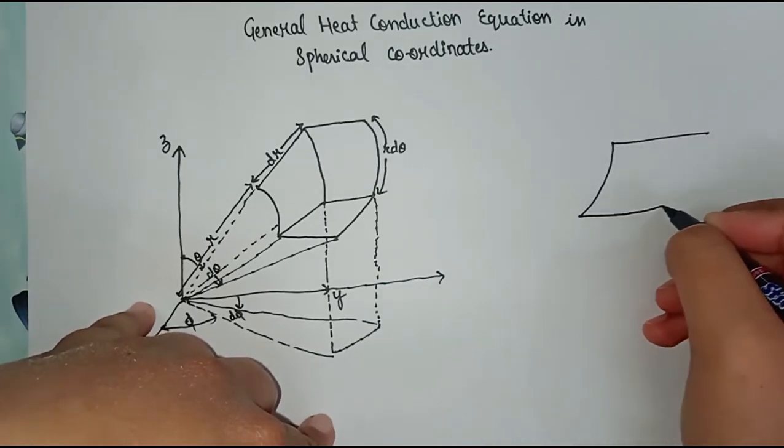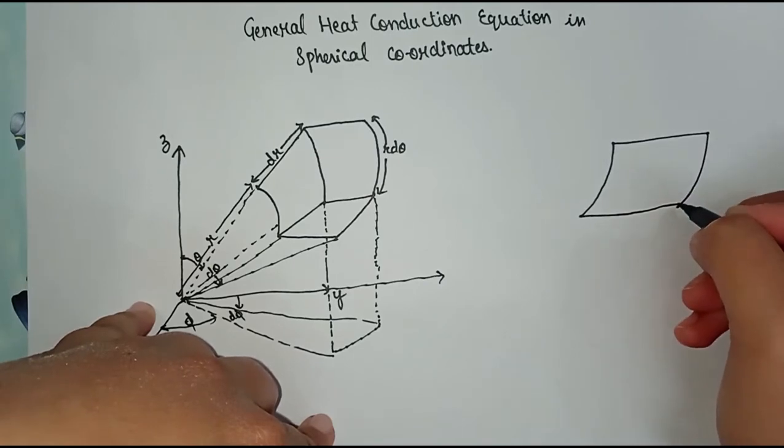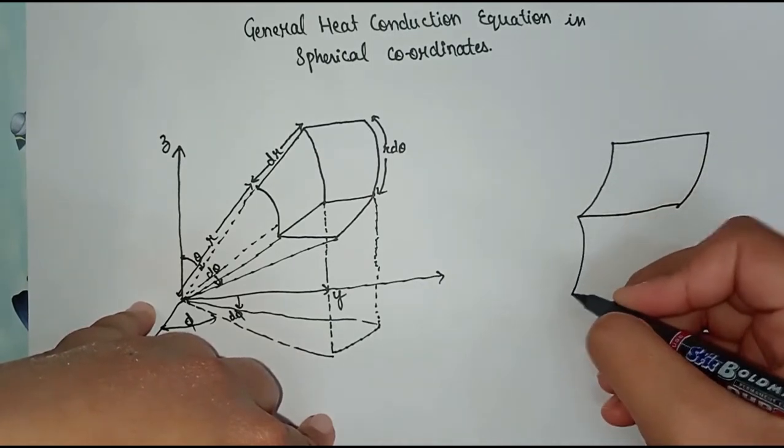And now we will draw this small part of the sphere again without the coordinate axes and mark the lengths again.